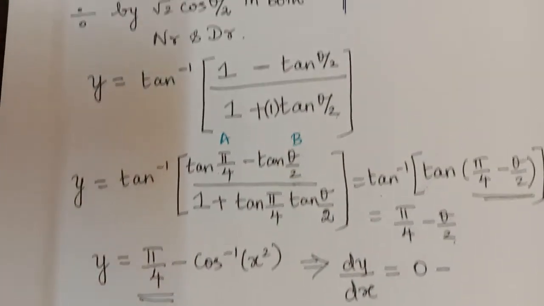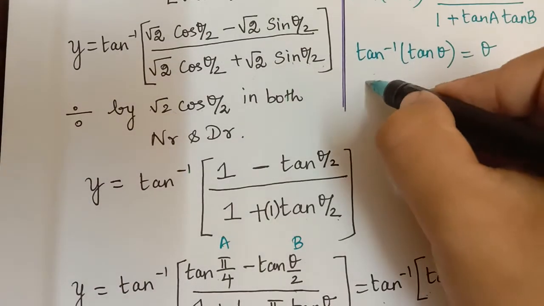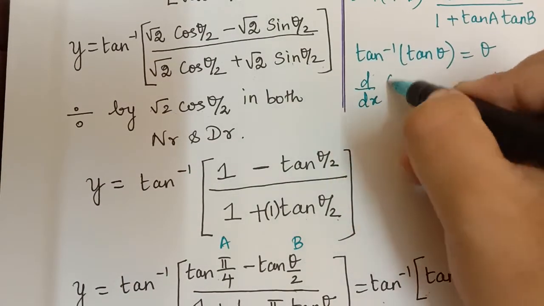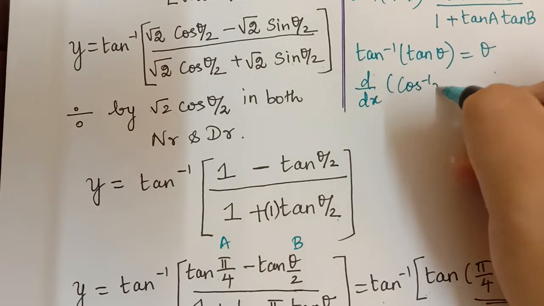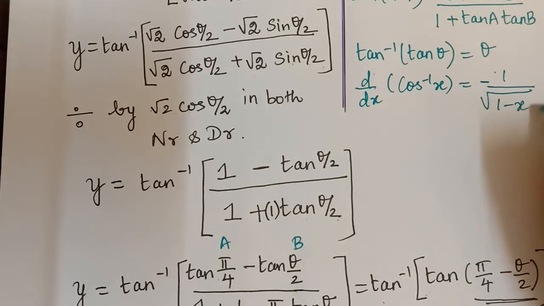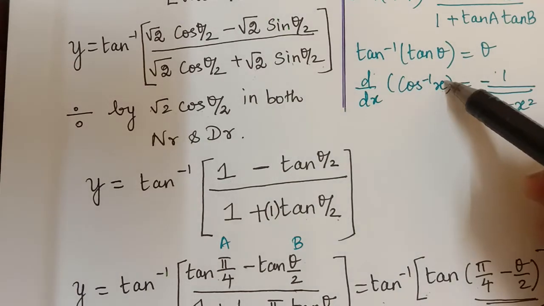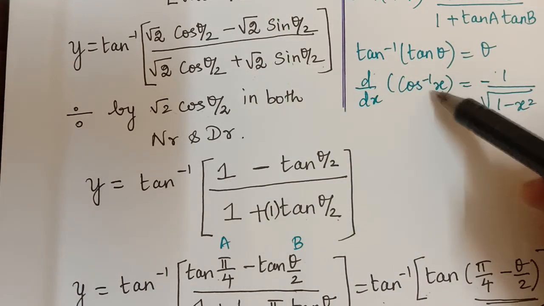What is the formula for the differentiation of cos inverse? We know that d by dx of cos inverse of x is equal to minus 1 by square root of 1 minus x square. Now here we have x square in place of x.